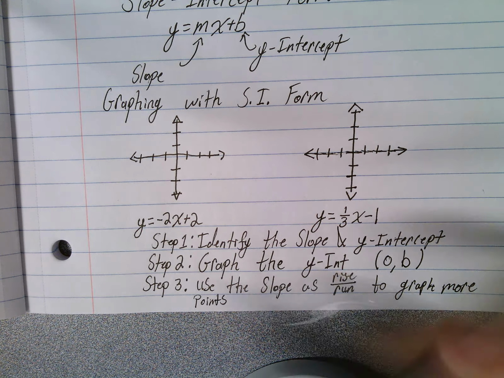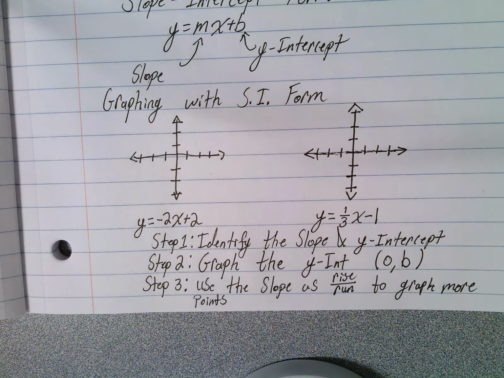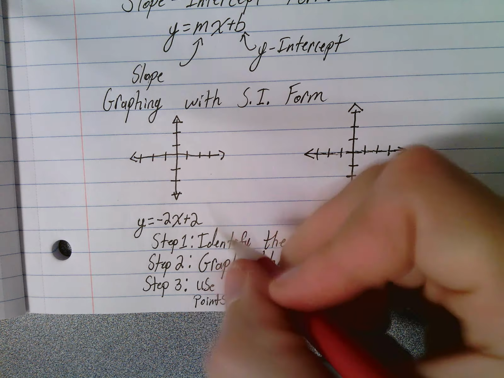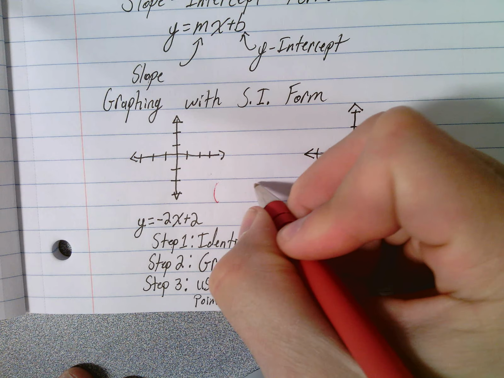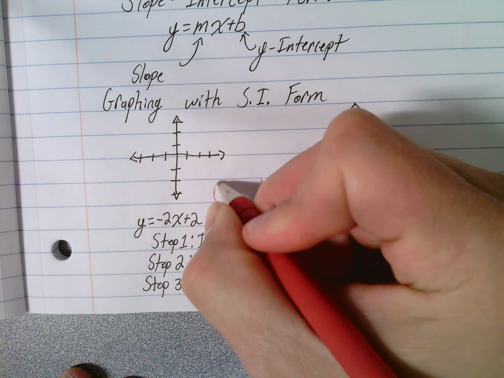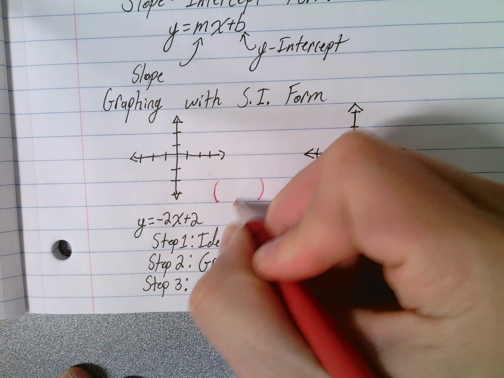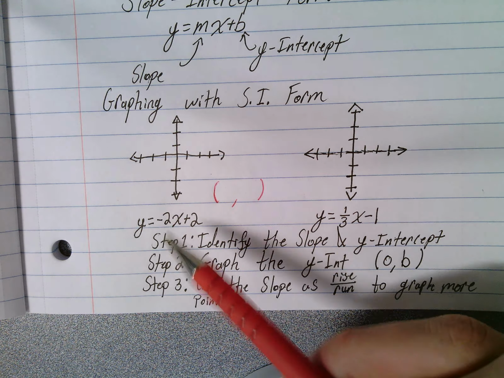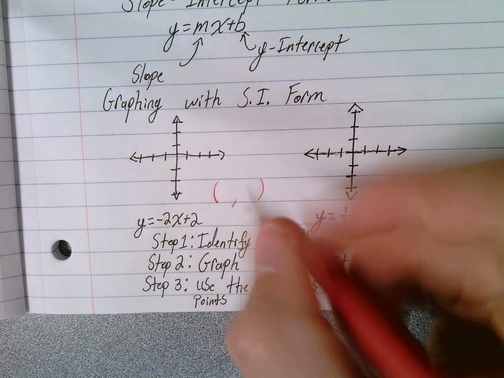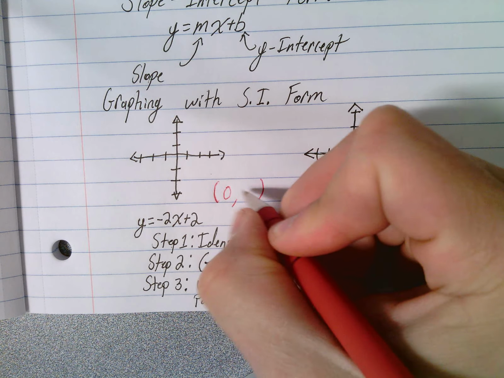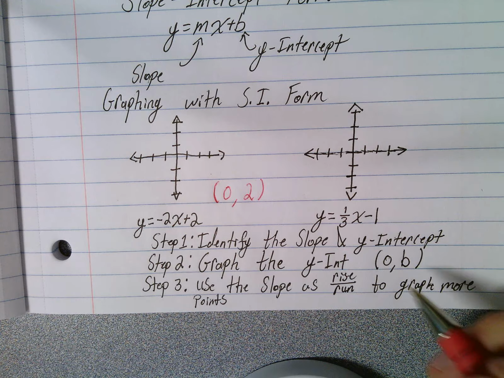Okay, so let's look at this first one here. Our y-intercept here is what? What is our y-intercept of this first equation? 2. So our point will be 0, 2. So we're going to start by graphing that.